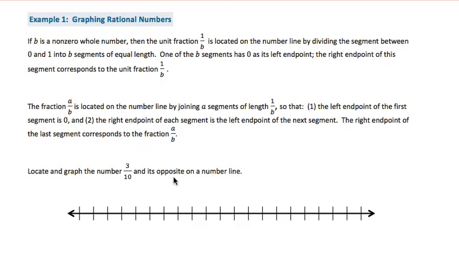Now, when I see directions that tell me I have to graph a number and its opposite, I know that means that 0 has to be on my number line, because I cannot graph a number and its opposite unless I have 0. And under those circumstances, I normally go to somewhere near the center of the number line, and it doesn't have to be exact. And that's where I put my 0.